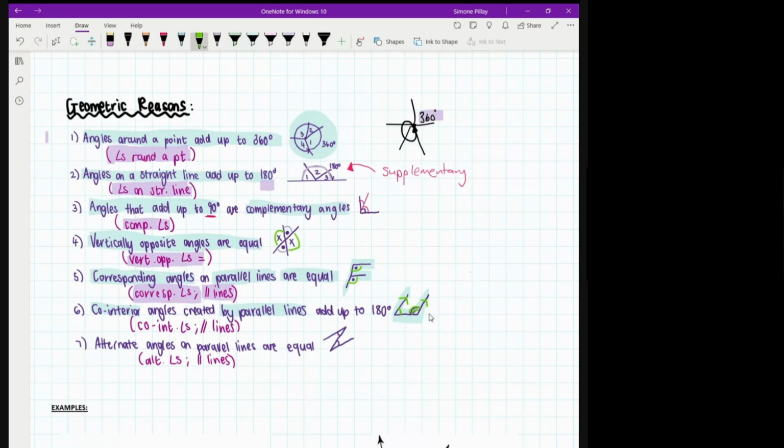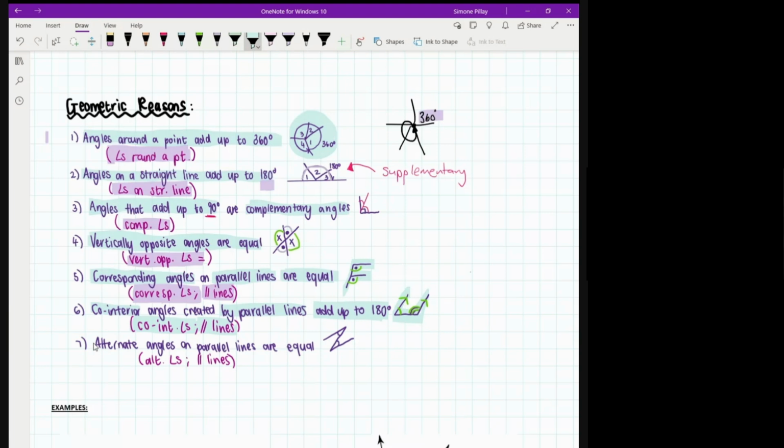Your parallel lines create the U, and those angles inside the U are not equal. That's why we didn't use the same markings to mark them. The rule when you have co-interior angles is that they add up to 180 degrees. And when you use this rule, your reason is co-interior angles, and you have to tell me what lines are parallel.